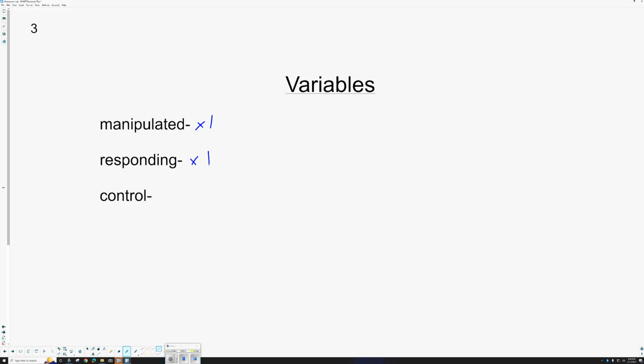One manipulated variable, one responding variable, and we have like 1,000 control variables, right? In the practice lab that you worked on, there were two really important control variables. There are also two really important control variables in this one. That won't always be the case. The magic number won't always be 2.